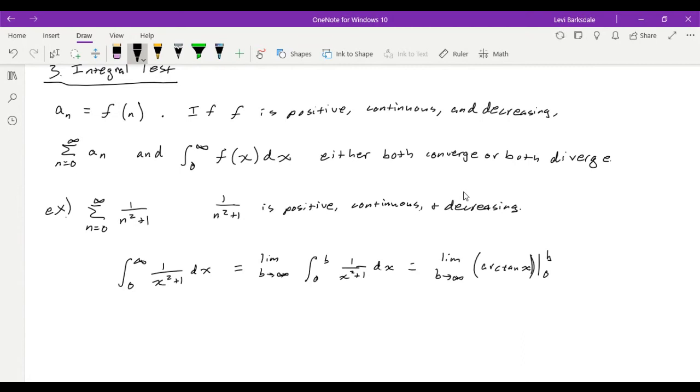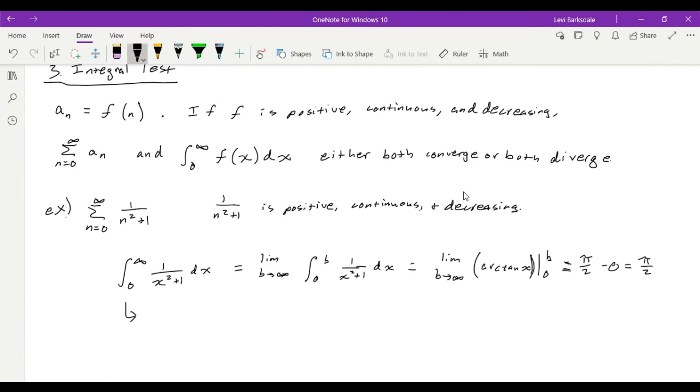And the arctangent of 0 is 0. And the limit as arctangent goes to infinity is actually pi over 2. Now, importantly, pi over 2 is not the sum of our series. We say that pi over 2 would be this improper integral from 0 to infinity of 1 over x squared plus 1 dx.